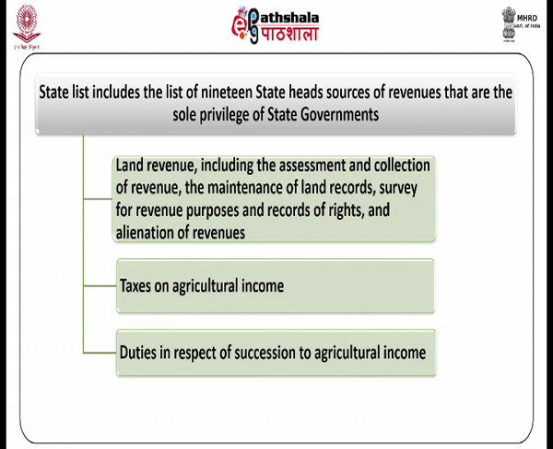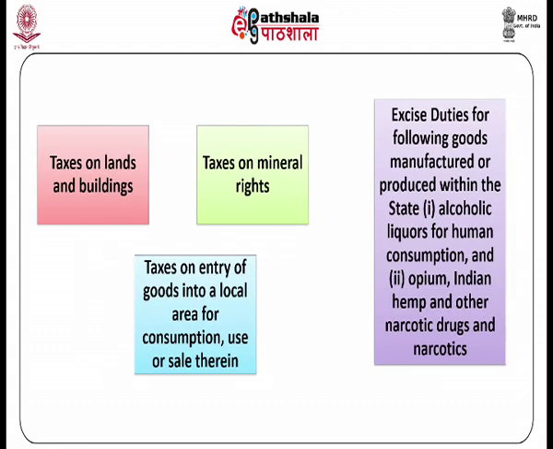Taxes on agriculture income, duties in respect of succession to agriculture income, estate duty in respect of agriculture income, taxes on lands and buildings, taxes on mineral rights, excise duties for the following goods manufactured or produced within the state, that is alcoholic liquors for human consumption, and opium, Indian hemp and other narcotic drugs and narcotics.